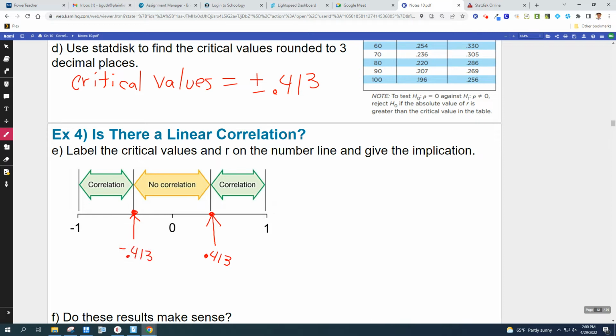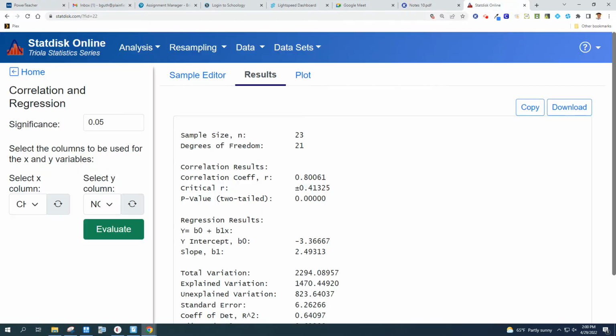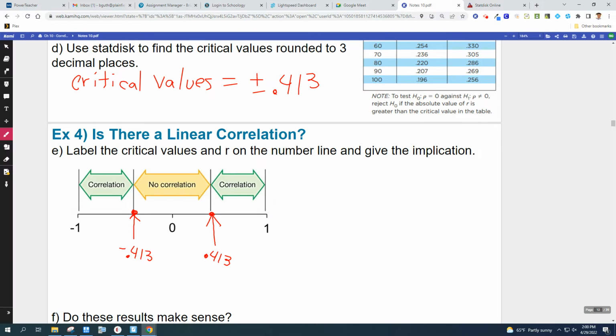Does anybody remember the r value that they gave us earlier? Well, I guess we could look at StatDisk. Yeah, the correlation coefficient was about 0.8, right? 0.801. So think about where that is. r equals 0.801.